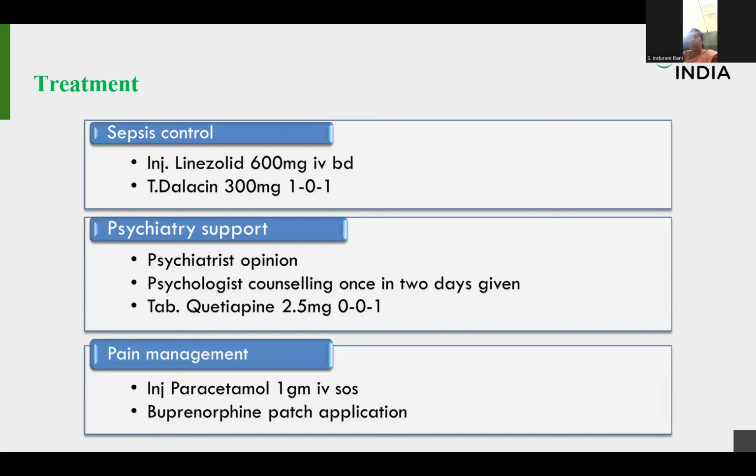Psychologist counseling once in 2 days was given. The psychiatrist gave antidepressant. After that, we followed our treatment. Then pain management: injection paracetamol 1 gram IV, SOS, and buprenorphine patch application also given.